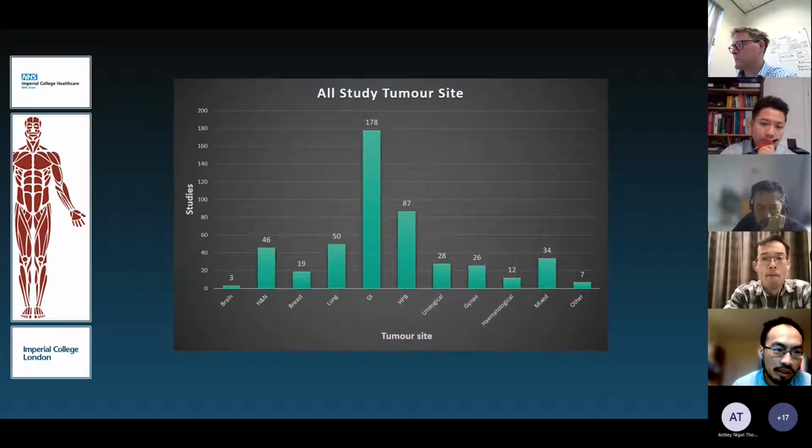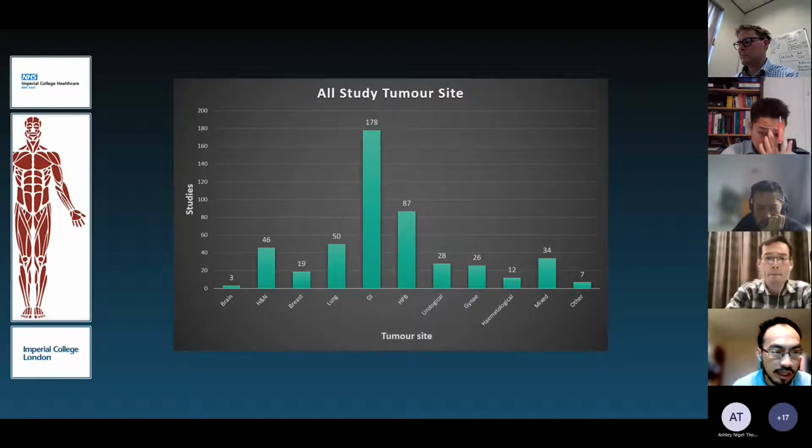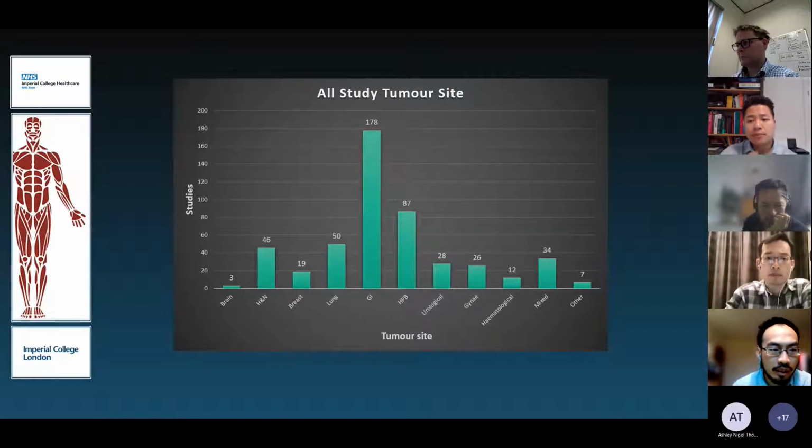And in terms of what kind of cancer type we're dealing with, you get an overrepresentation of the gastrointestinal cancers and the hepatobiliary cancers, far more than you would expect from national prevalence statistics.